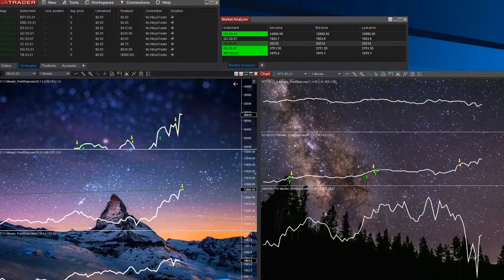Order filled. What was that? Oh, NQ. All right, so instead of being down $70 on NQ, now I'm up $635 on the day.